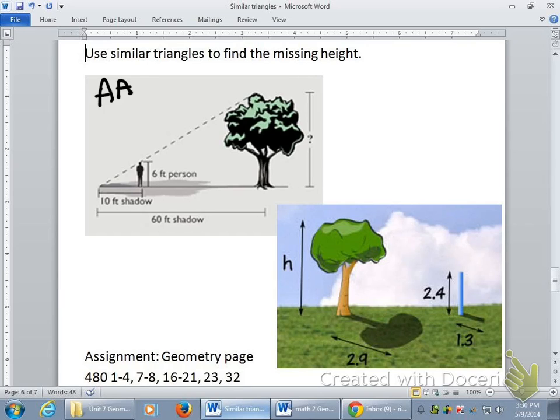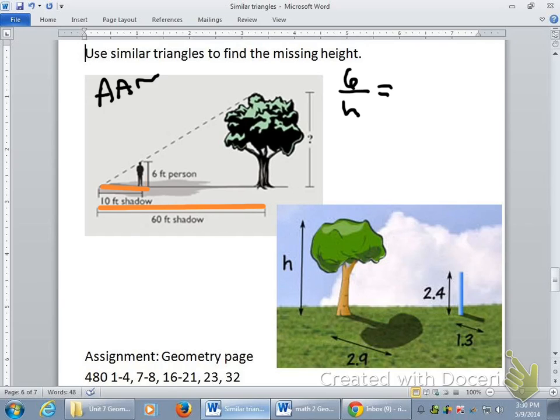Now, knowing that they're both similar, I can set up proportional sides. The person's height is going to be proportional to the height of the tree. So that's going to be 6 goes to the height of the tree. The same as the shadow of the person is going to be proportional to the shadow of the tree.